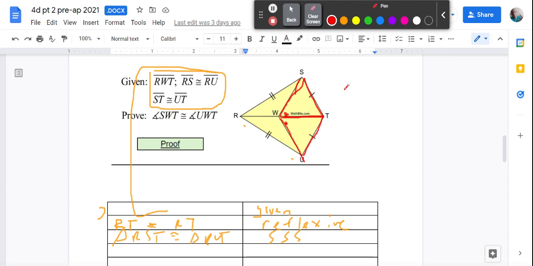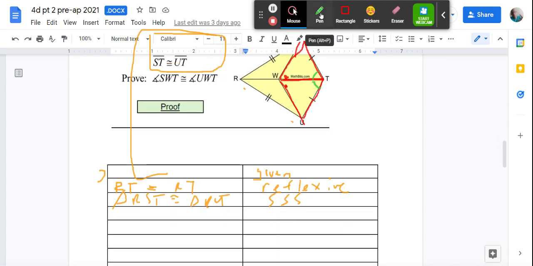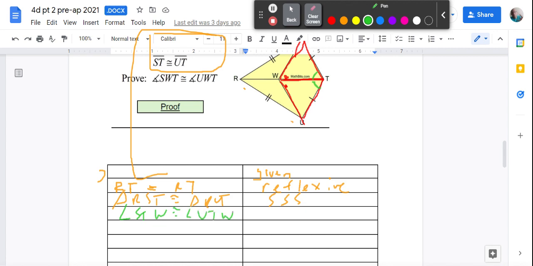And so how they saw first is that these two big triangles, RST and RUT, and the two red triangles have this little angle in common right here and that little angle in common, okay? STW and UTW. Okay, so those angles STW and UTW are going to be congruent to each other by CPCTC.